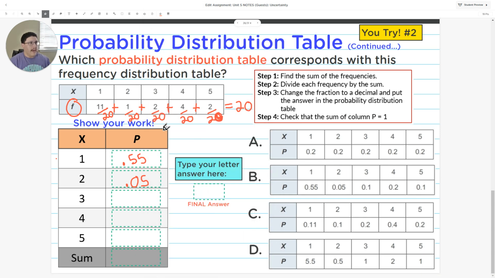Yes. And then 2 divided by 20 should be 0.1. 4 divided by 20 should be 0.2. And then 2 divided by 20 should be 0.1.